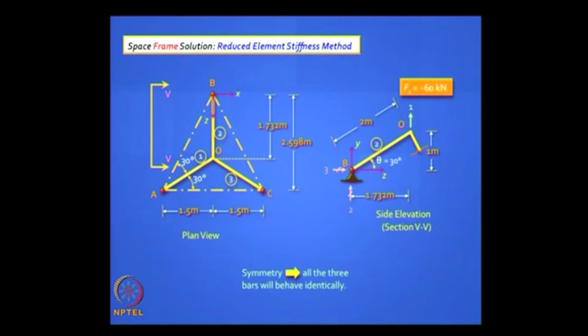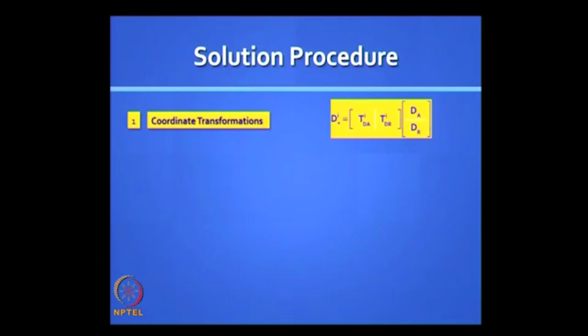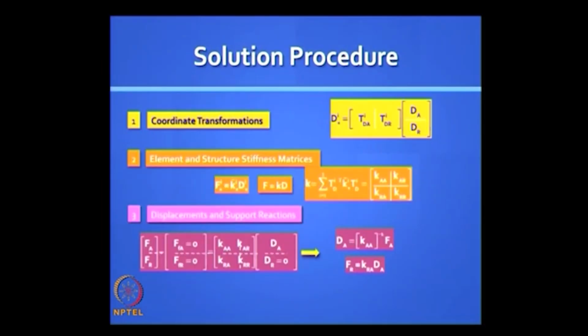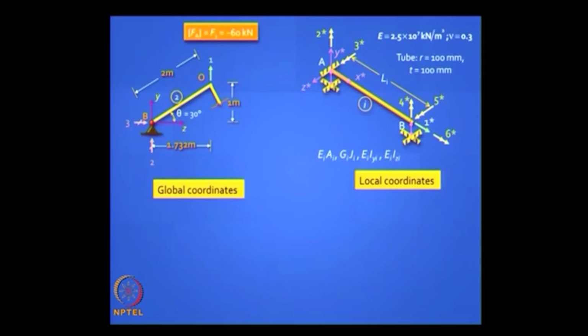So we are now doing a space frame solution by the reduced element stiffness method. That joint is now rigid, there is symmetry, and the solution procedure is the standard procedure: no support settlements, no indirect loading, no fixed end forces.